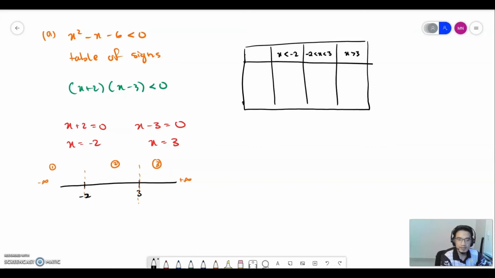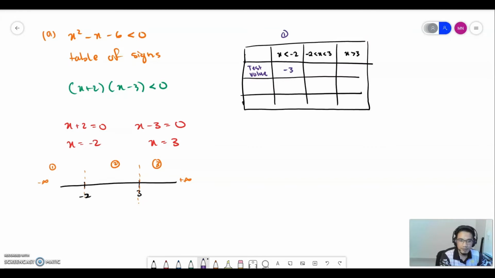Okay, then what we do next for the second row is the test value. What is meant by the test value is we choose any value that is located in the region. For example, for the first region, we can take any value that is less than -2. So let's just take -3.